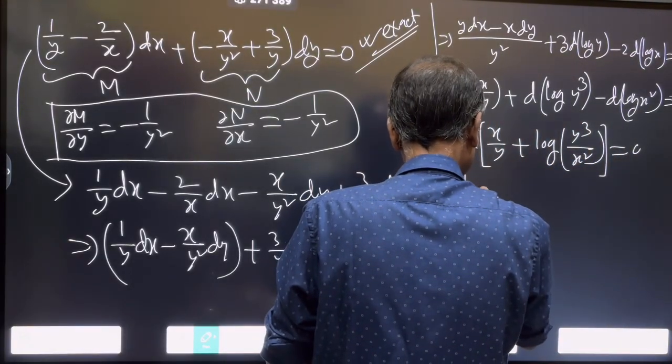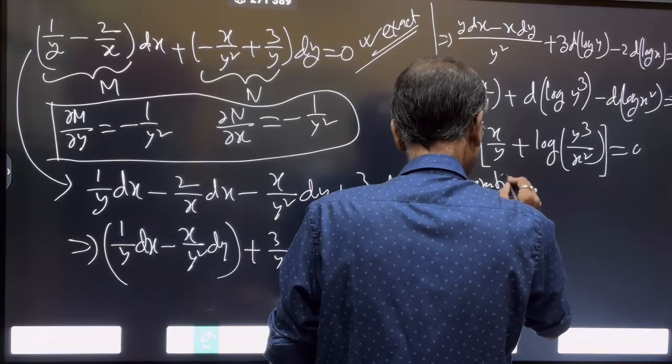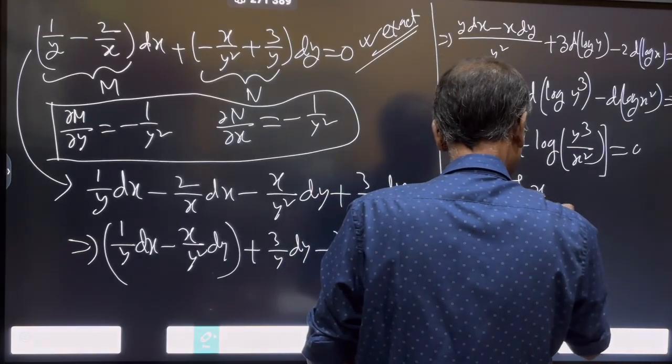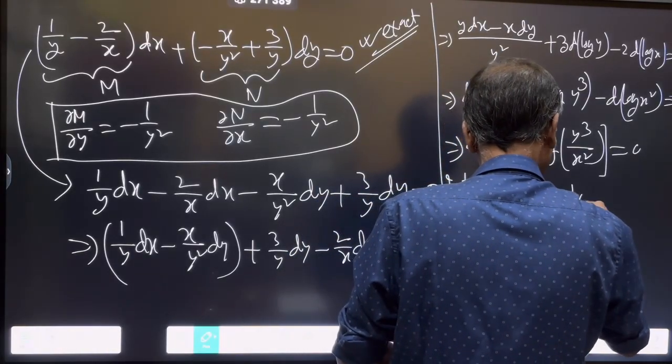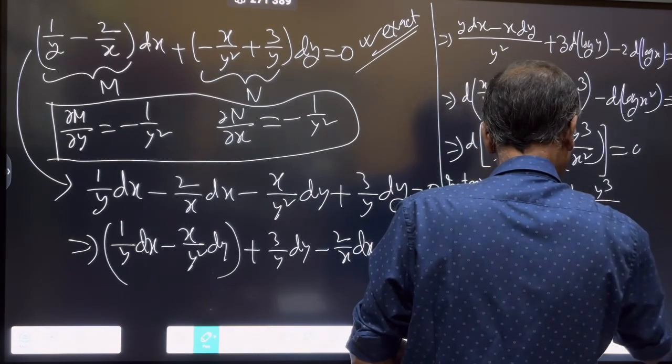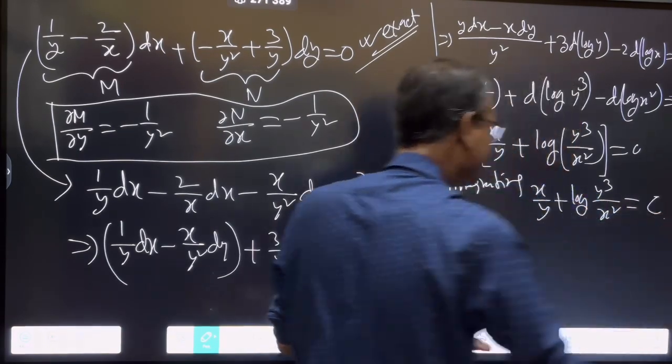Integrating, you will get x by y plus log of y cube by x square equal to constant.